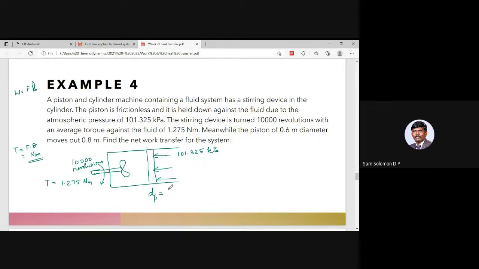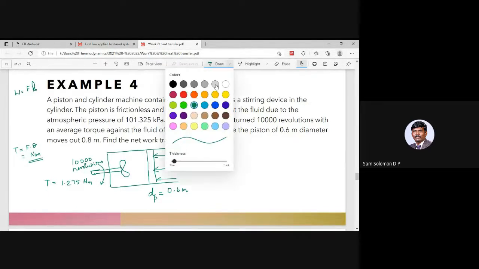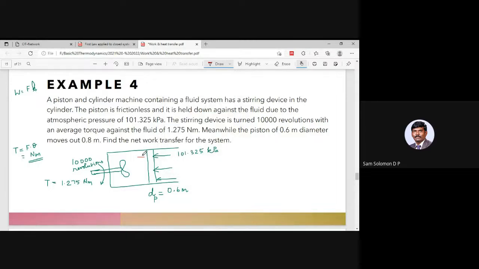Diameter of the piston is 0.6 meter, and the piston of 0.6 diameter moves out, which means now you have to visualize that I am stirring this fluid, which means I am working on this fluid in such a way that I raise the energy level of this fluid, and because of that, this fluid is going to push the piston outwards, and that has pushed the piston by a length of about 0.8 meters.